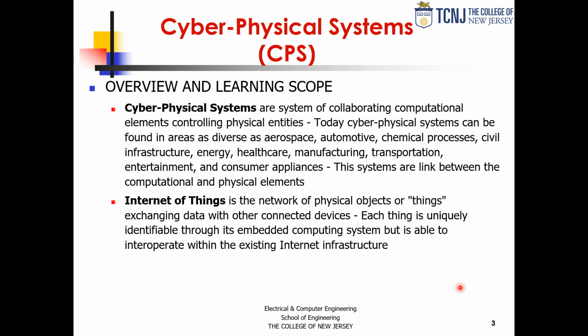If we go back to the last chapter, where we covered extensively the definition of cyber physical systems and a lot of ideas on applications and how these systems can play a role in our lives, at this point we can categorically define a cyber physical system as a system that has collaborating computational elements coupled or controlling physical entities, including people.